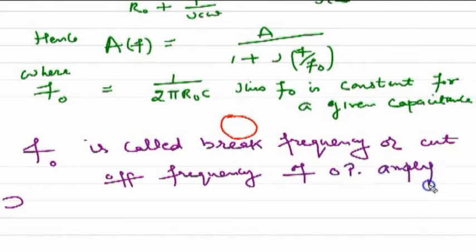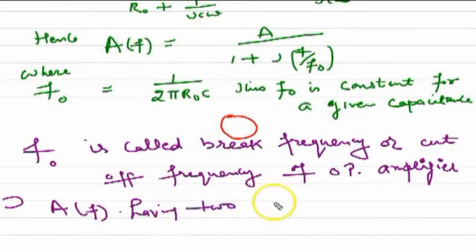This is also very important, because in the graph we will study how the gain decreases while increasing the frequency from 0 to F naught. Now this A F has two parts, because j is coming in the denominator.